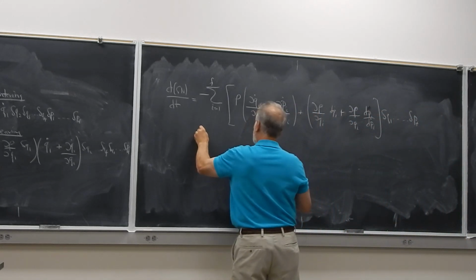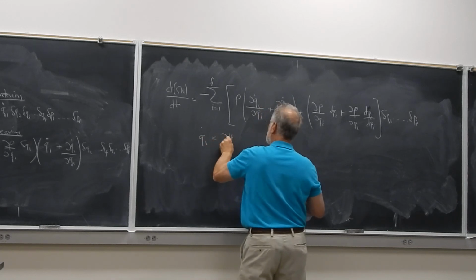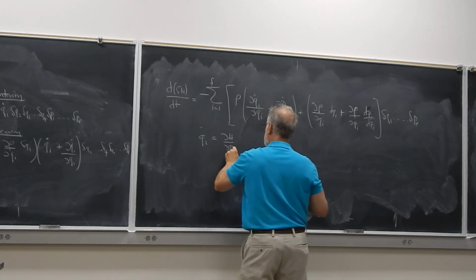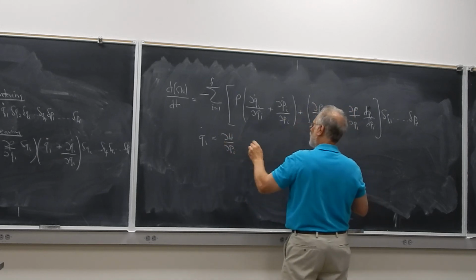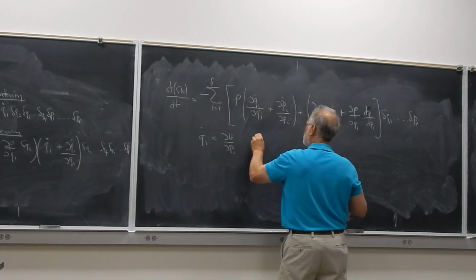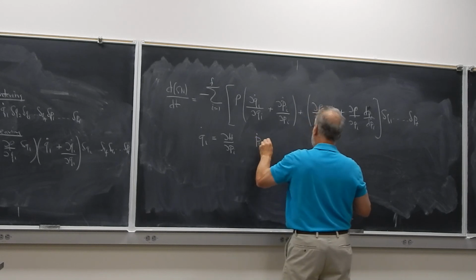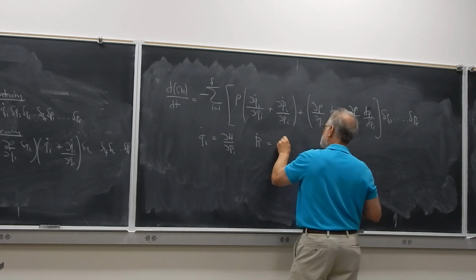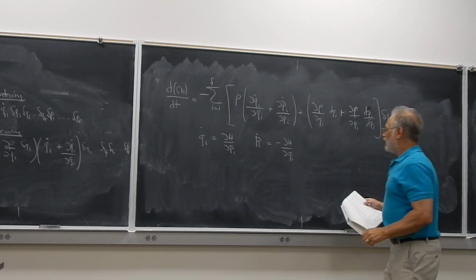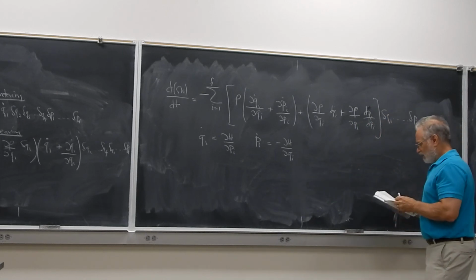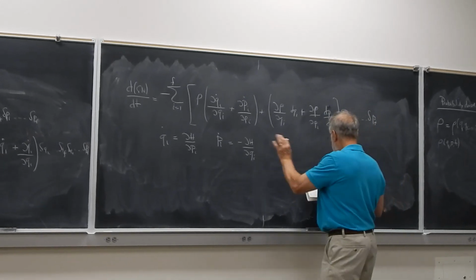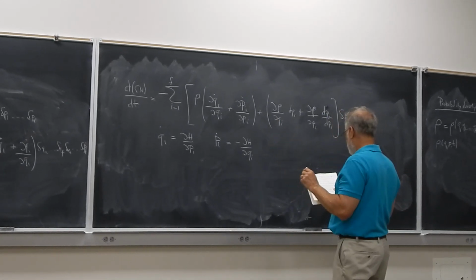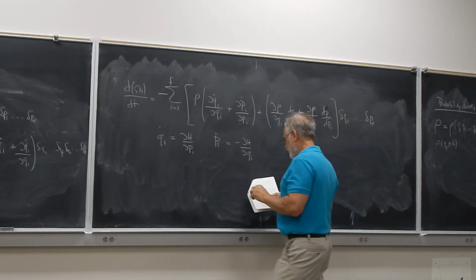By Hamilton's equations, you might remember from classical mechanics that we can write q dot as the derivative of the Hamiltonian with respect to momentum. Conversely, we can write momentum dot, dp dt, as minus the derivative of the Hamiltonian with respect to the position coordinate. What that means then is that the two left terms in the above equation cancel each other, and so we have a much simpler expression.